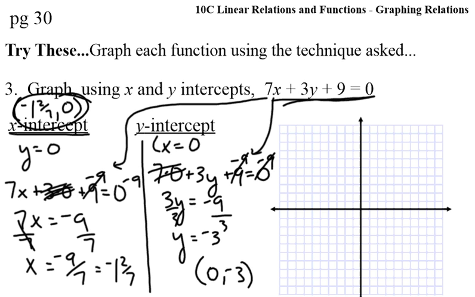So I graph my two intercepts. Negative 1 and a little bit. So that's a rough estimate that's acceptable. And 0, negative 3. There's my second point. Those points are fairly close together, but I can still connect them, absolutely, to create a line.